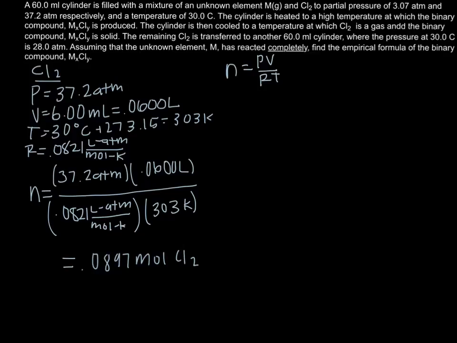We are going to do the same thing we did for M for Cl2. The pressure is 37.2 atm, volume is 60 milliliters, but we convert to liters, which is 0.0600 liters.